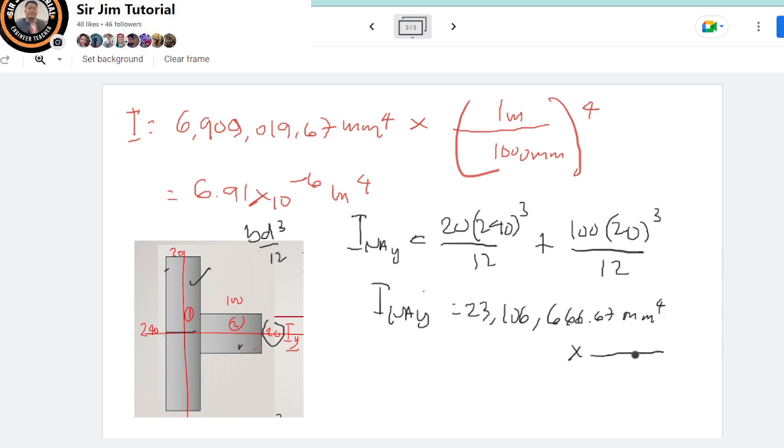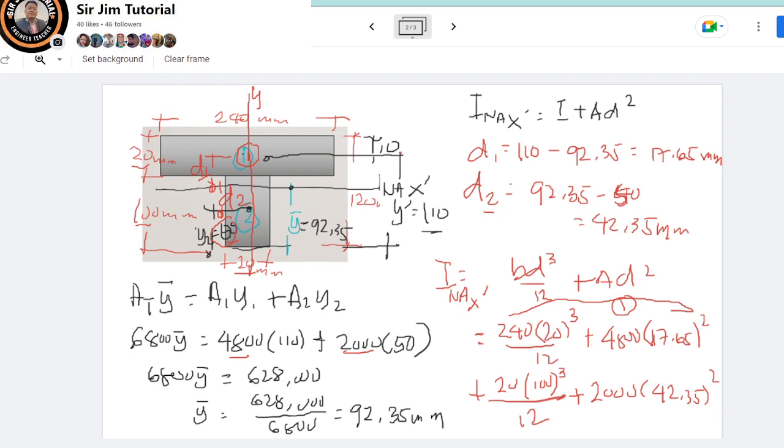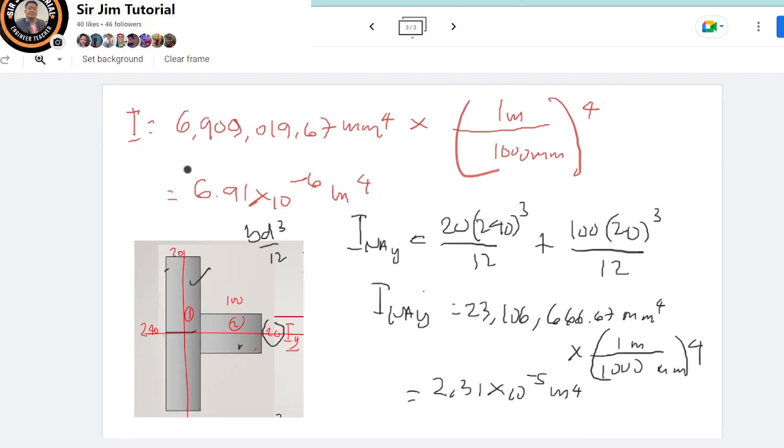If we convert this to meter, we divide by 1000 to the power of 4. In other words, we have here 2.31 times 10 to the negative 5 meter to the power 4.